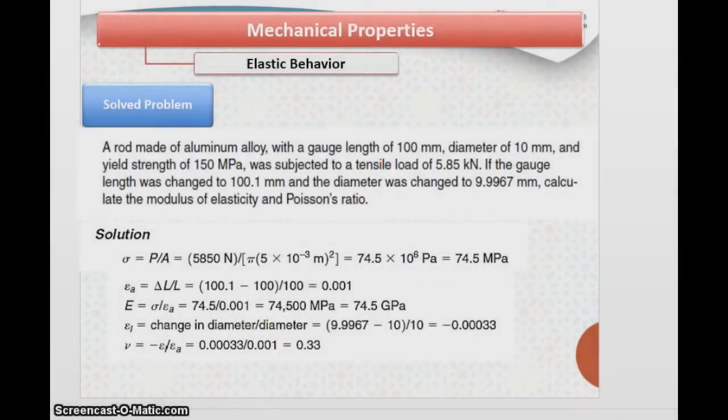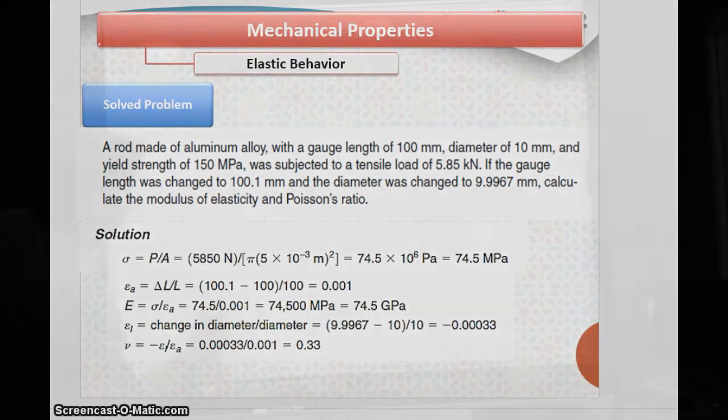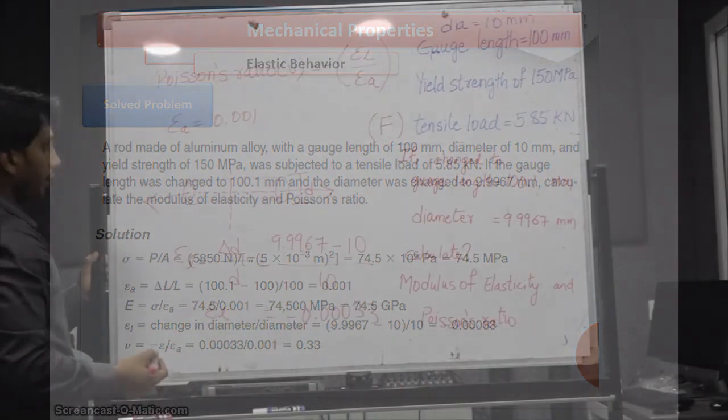If you solve this equation, you will get 0.00033. So this is the value of lateral strain.